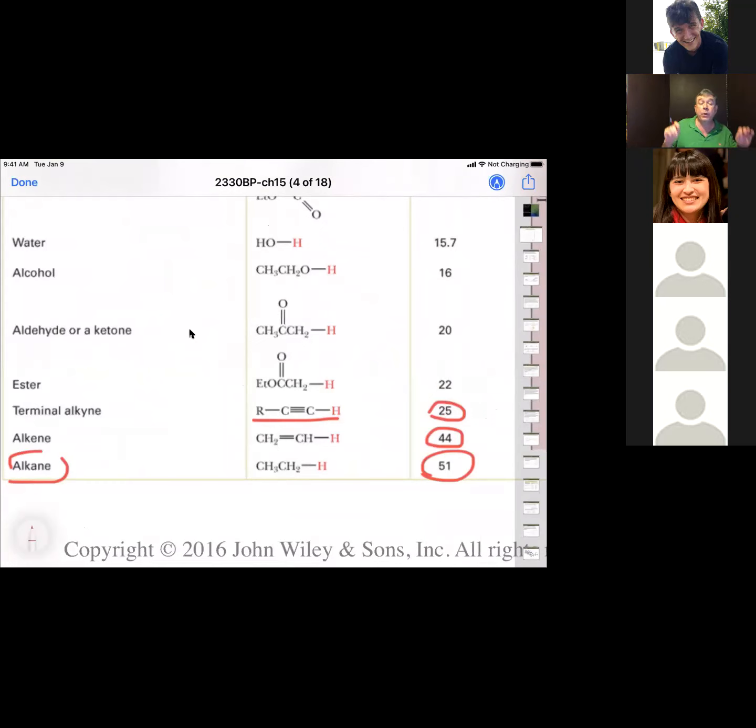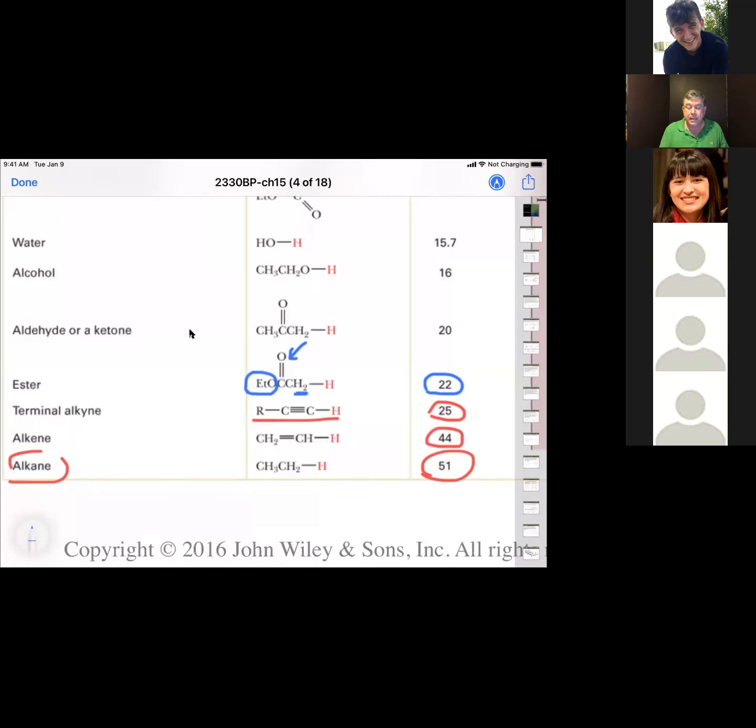However, by putting that electron withdrawing group on and being able to stabilize that charge on an oxygen, it is now more acidic. Okay. So let's look at this group here. We have an ester and a carbonyl, and this alpha hydrogen has a pKa of 22. So it's more acidic than an alkyne, but it's still not that acidic.